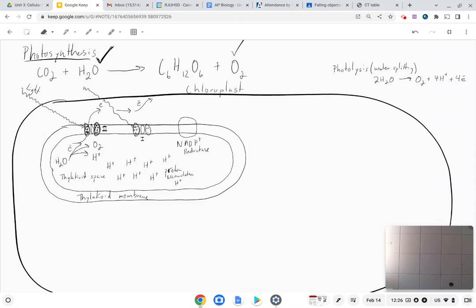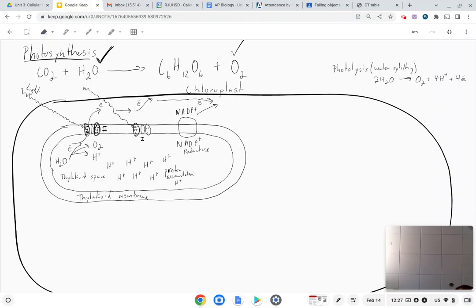energize the energy carrier. So we've got an energy carrier, NADP plus, that's going to join up with this electron. So they're going to come together. So you've got the electron, and then you've got the NADP plus and a proton.